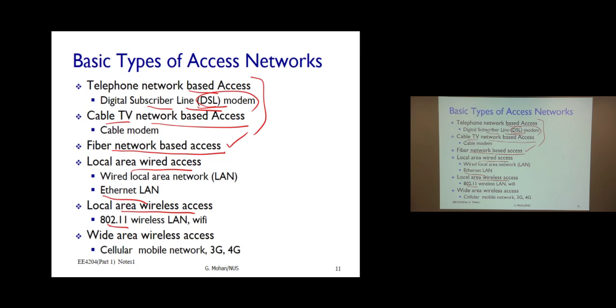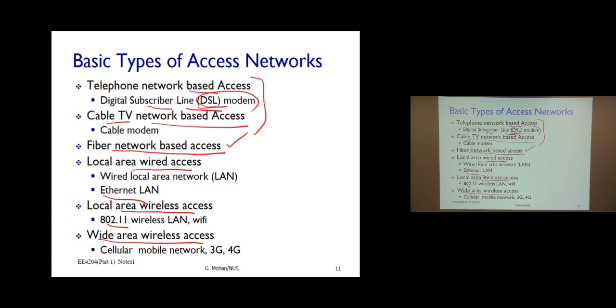When we say local area, that means it spans only a few feet or a few meters. You cannot have a wireless access point here and then connect to it half a kilometer away. Maybe a few feet or a few meters you can connect. So in your home, if you move away from your home, you cannot connect to the Wi-Fi, is it not? Then comes wide area wireless access.